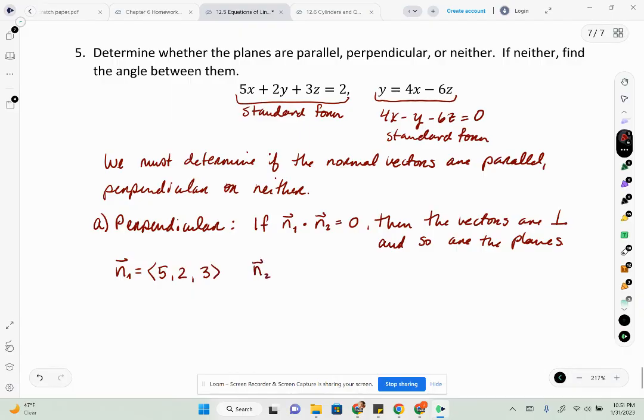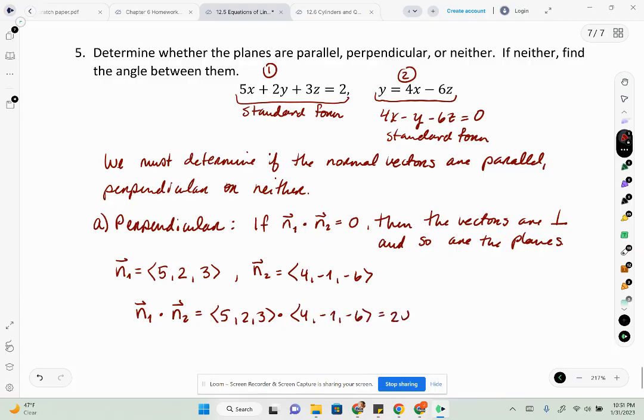n2 is going to be the vector with components that come from the coefficients of the second plane. So we'll call these 1 and 2. So n2 has components 4, -1, -6. So I'm going to go ahead and find n1 dot n2. So it's (5, 2, 3) dotted with (4, -1, -6).